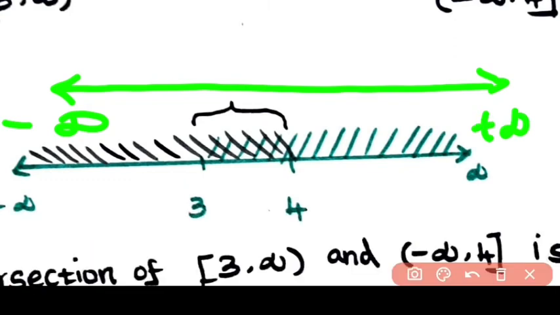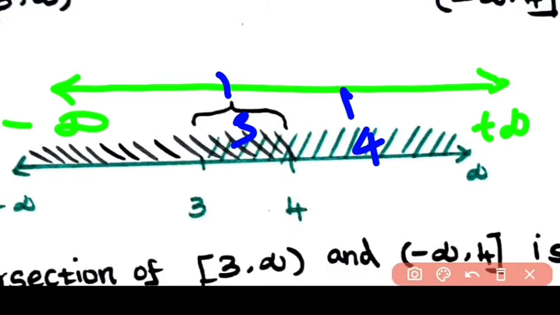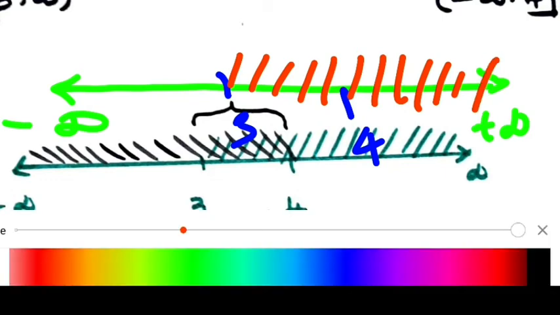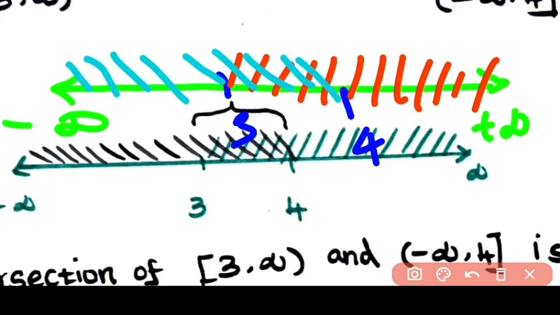First the points 3 and 4. The first solution is 3 to plus infinity, and the next is minus infinity to 4.